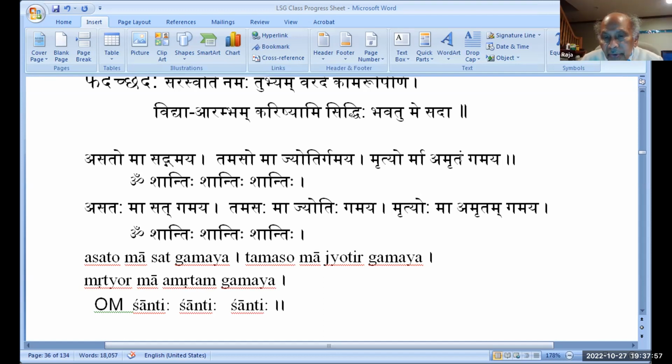If you notice this dot, which is an Anuswara, if I have enough time today, I will explain what this dot business is and how to pronounce it. It's a big process. Then we'll also see this visarga. It is a consonant, but it has its own structure. How to pronounce that visarga?